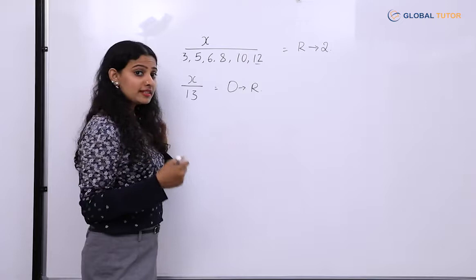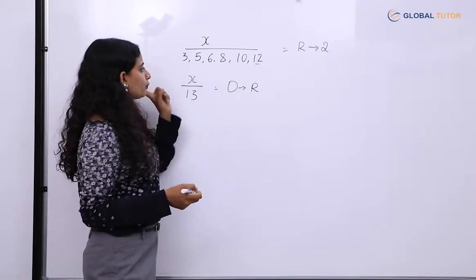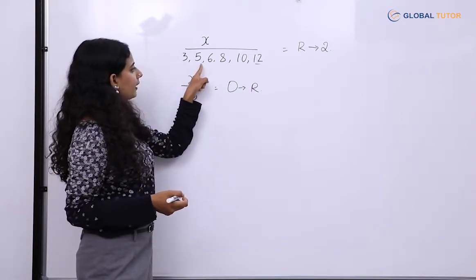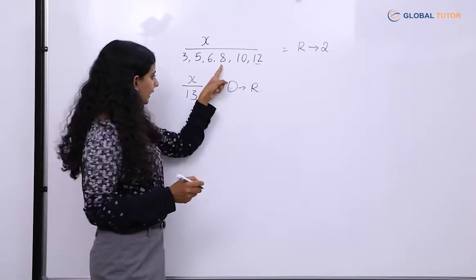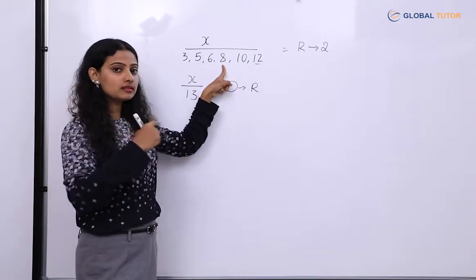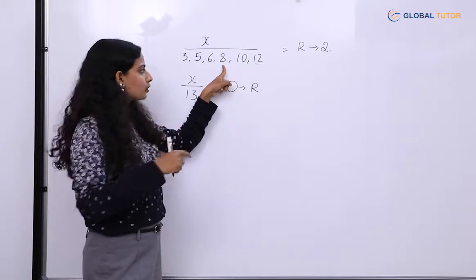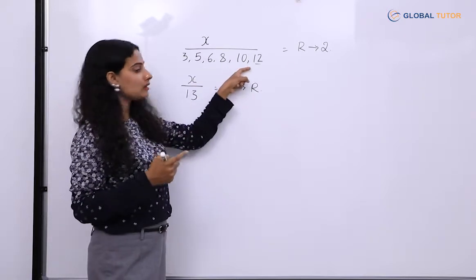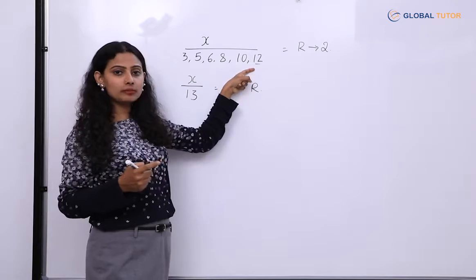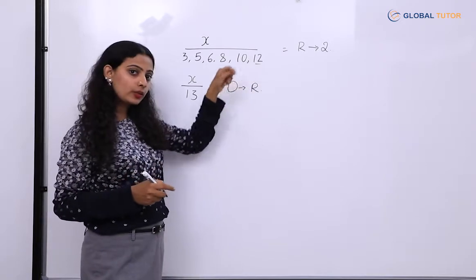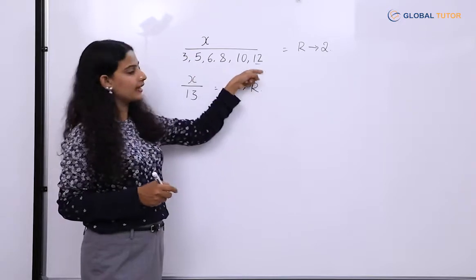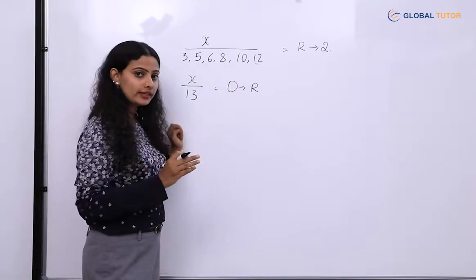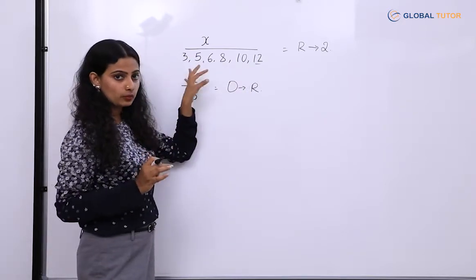Now if you consider the number 60, it will be divided by 3, 5, 6, 10 and 12 but not by 8. So let us consider the next multiple of 60, which is 120. So 120 will be divided by 3, 5, 6, 8, 10 and 12. So 120 is the LCM and we are going to consider 120.